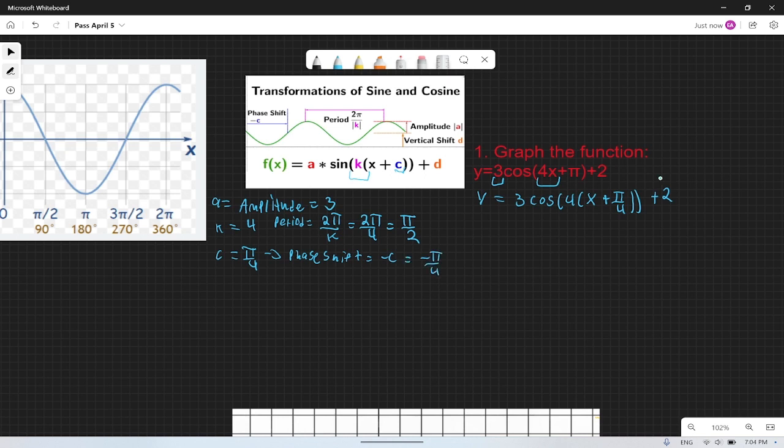But what you can also do is this: x plus pi over 4 equals 0, so x equals negative pi over 4. And then next up we have our vertical shift, or our d value, and that's plus 2, so that means there is a vertical shift of 2 up.